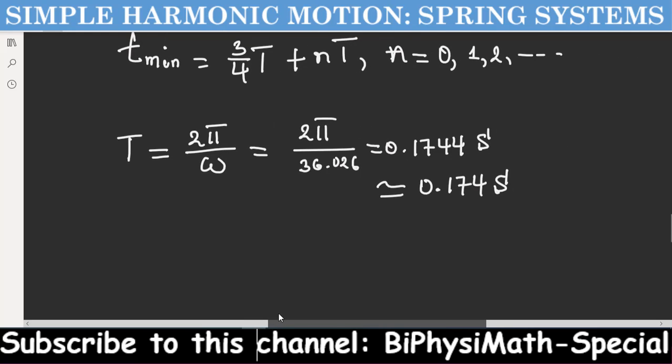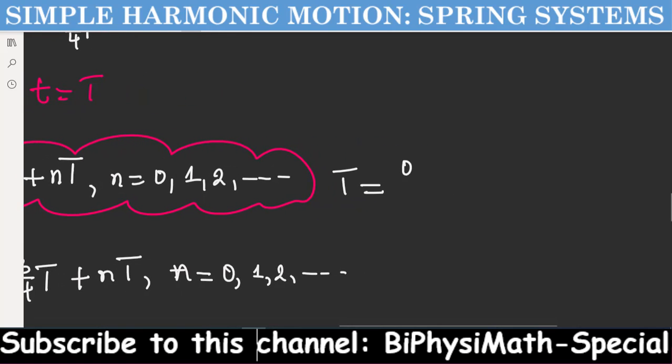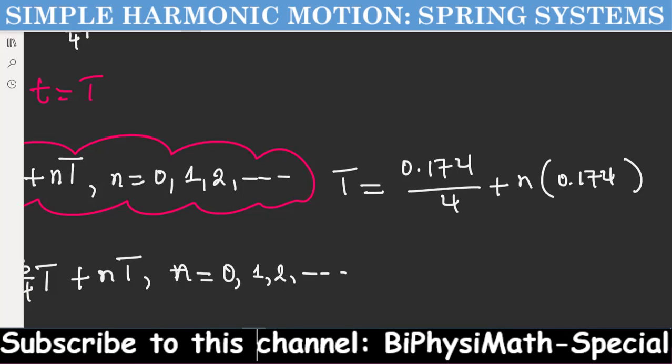The period is 0.174, yes. So t equals 0.174 over 4 plus n times 0.174, which is equal to 0.0435 plus n times 0.174. These are the times at which our spring will be longest, will be stretched.